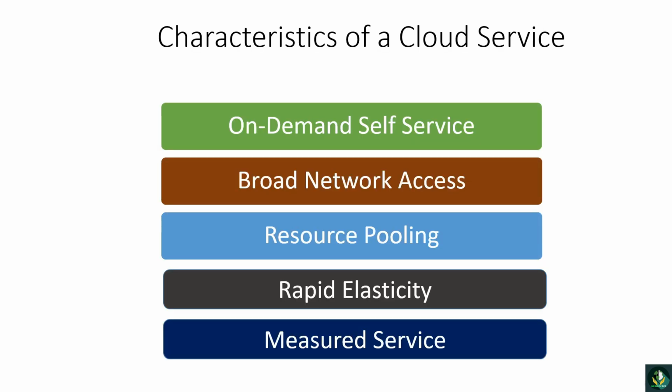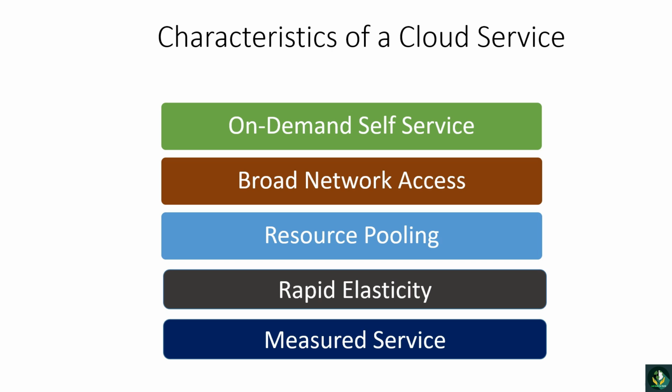What this is saying is that the consumer should have the ability to provision things like server time and network storage as needed, and not only as needed but to do it automatically and without requiring human interaction.